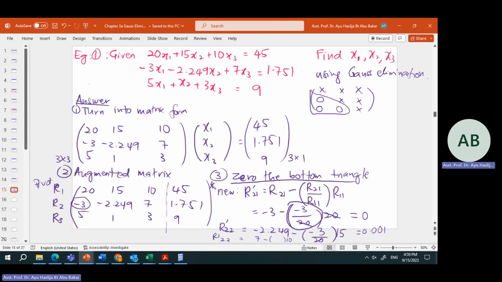What you get for the R prime 2, 3? Correct. 8.5. Wait, I copy to the next slide for the next calculation.